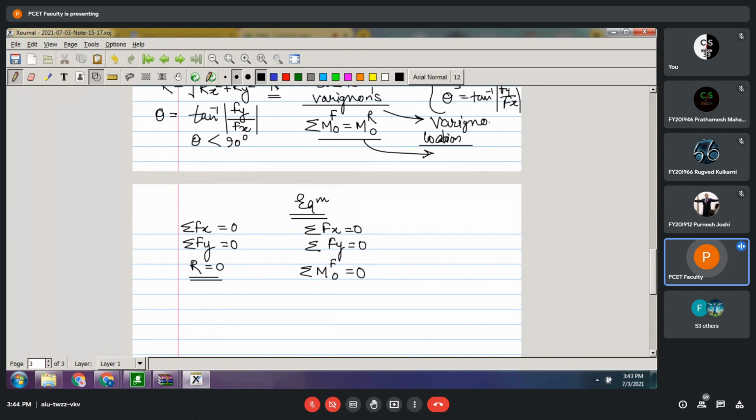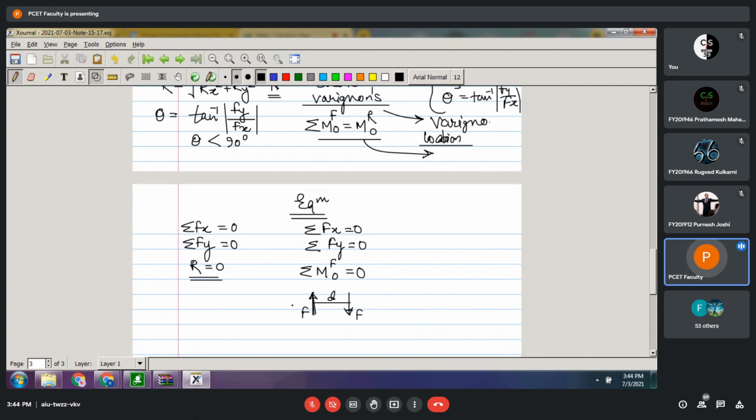Because if I do not get such a value, I can conclude that my parallel forces are forming some kind of couple, having some magnitude F and perpendicular distance d, because of all the upward and downward parallel forces acting on the system.